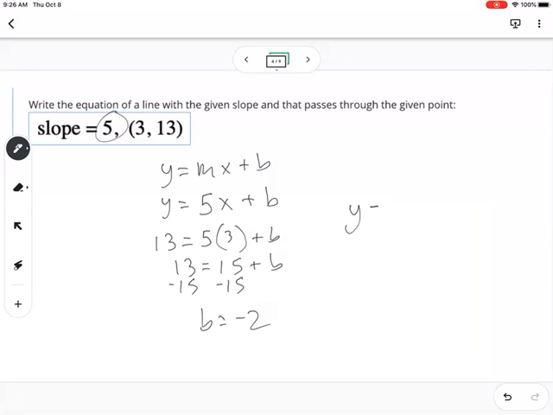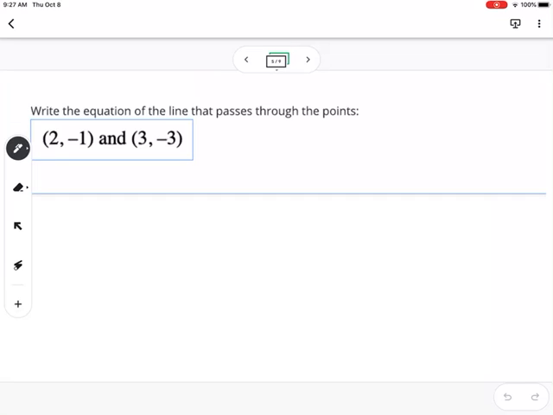So I get b equals negative 2, and so the final step is put it all together. You could write 5x minus 2. I'm always in the habit of writing plus, because then it's just a little bit more obvious that the y-intercept is in fact negative 2.